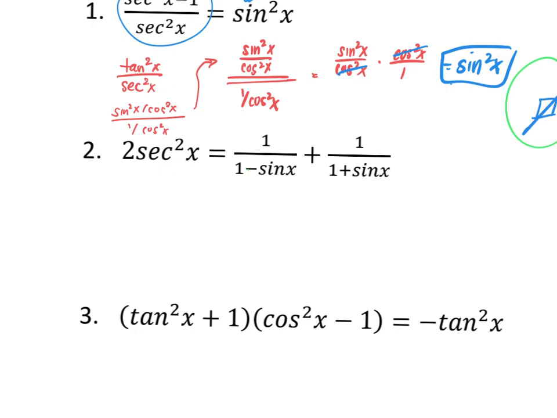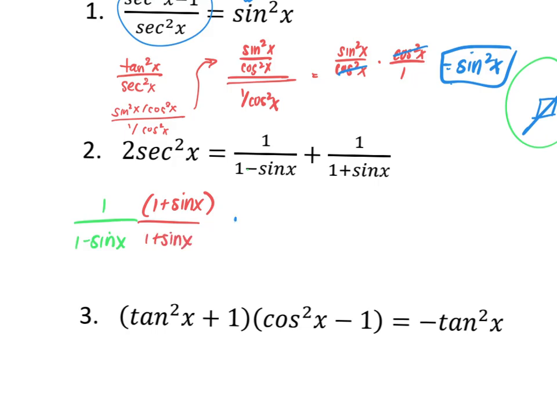So if you ever have like 1 minus a trig function or 1 plus a trig function in the denominator, you're usually going to want to use a conjugate. So in this case, I'm going to use a conjugate for both. Okay, so the first fraction, I'm going to multiply by 1 plus sine x over 1 plus sine x.